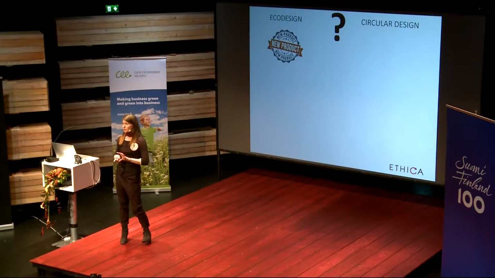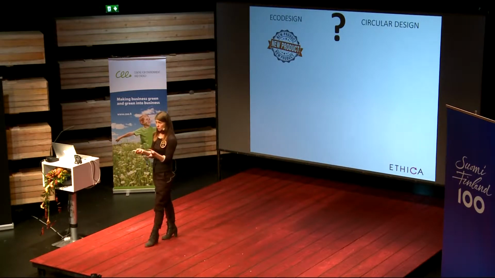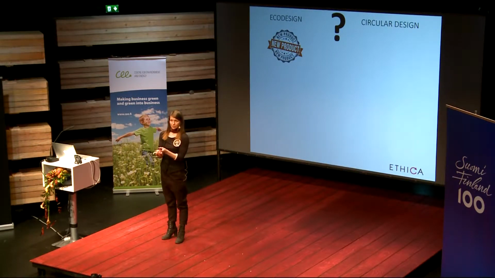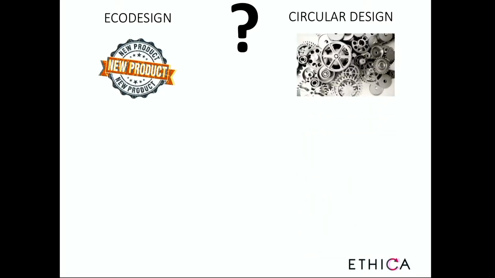Design, eco-design, traditional design, focuses on the product. That's the key thing. What kind of product do we want to create? What is the shape? What's the functionality? What's the aesthetics of the product? Whereas circular design designs systems. It designs life cycles, and the product is part of that bigger system.